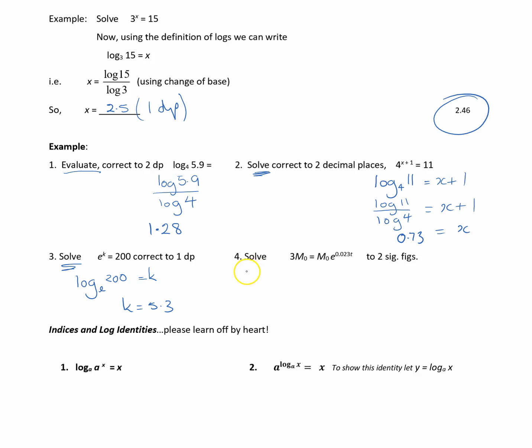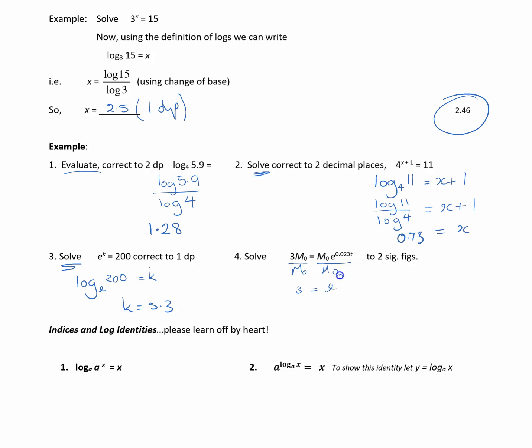Another solve. This time we're solving for t, the power. I don't like this m0 and m0, and I don't know what it is, so I'm going to divide both sides by m0 to start with. It's a solving technique, provided m0 is not 0.